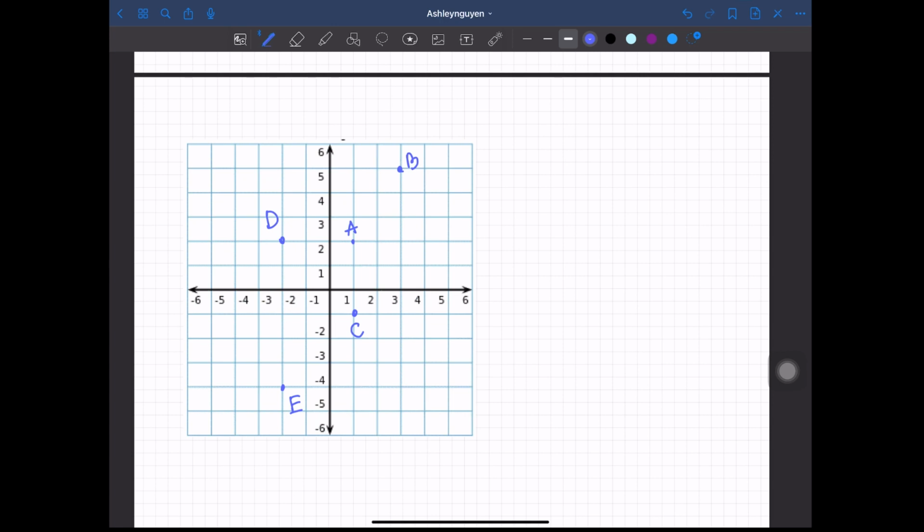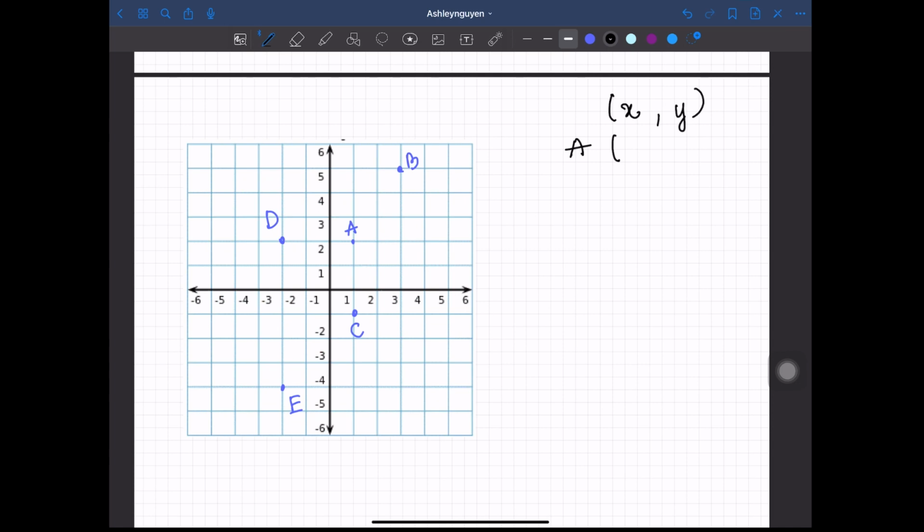In quadrant number 1, A, I will find the formula of the coordinate of the point, including x, y. Okay, let's have a look at point A first.